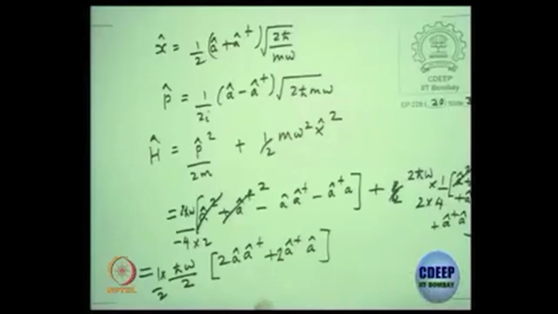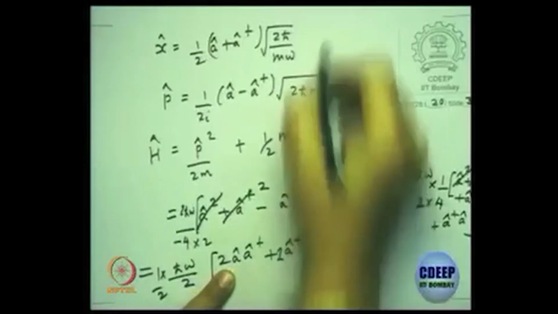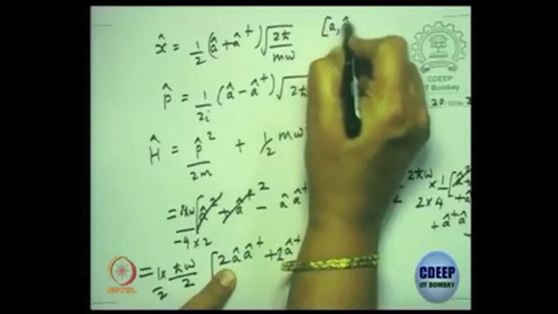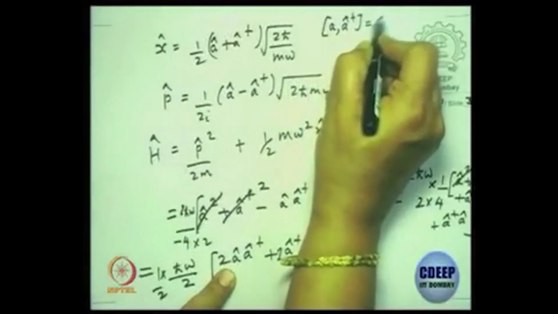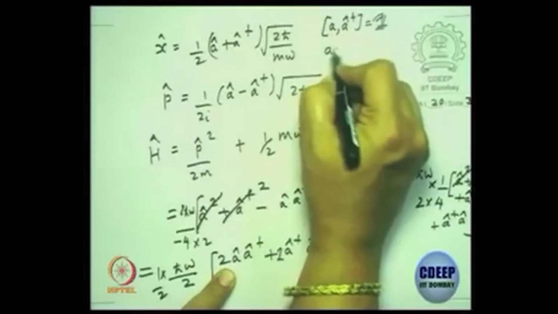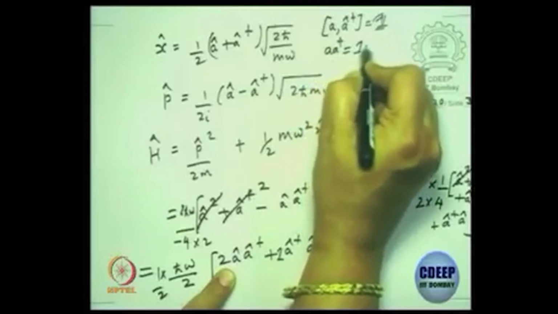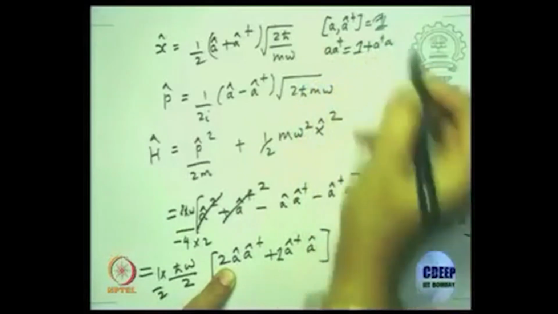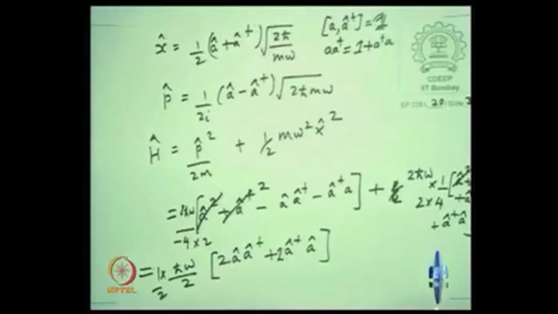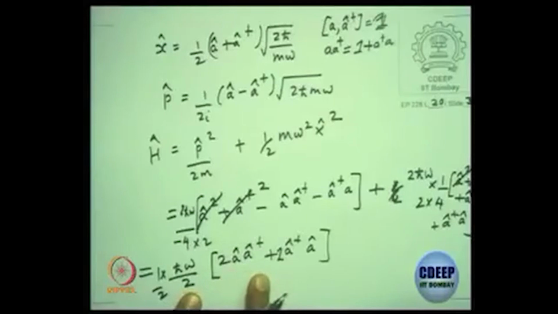Can you simplify this? Use the fact that the commutator of A with A dagger is 1, which means A A dagger is 1 plus A dagger A. Fine? So if you use this for the first term, let me cancel the 2.